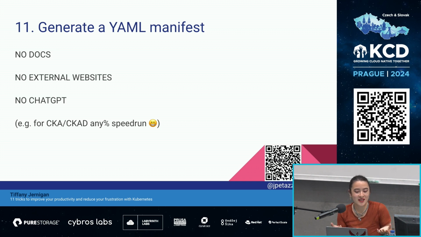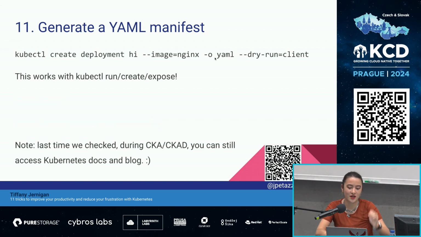So the question is, how can I go about creating YAML instead of having to write it all out? One of the simpler ways is to do a kubectl create for whatever the resource is, and add -o yaml and --dry-run=client. Instead of actually creating whatever resource it is, it will give you the YAML for that.